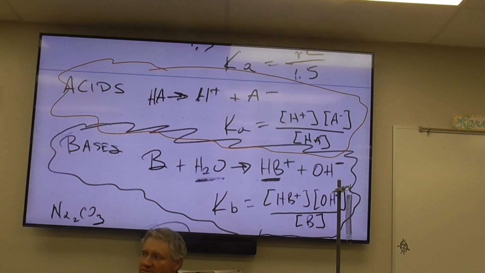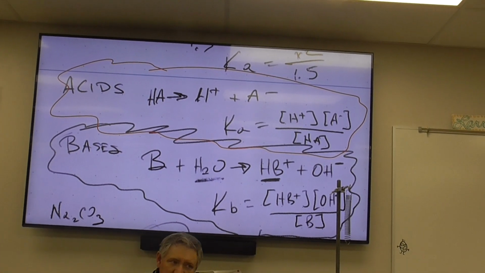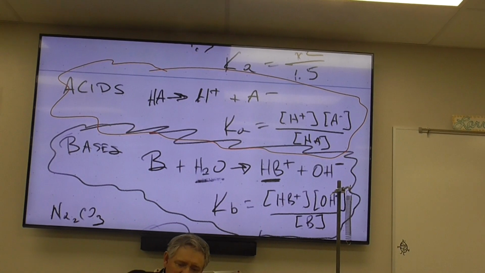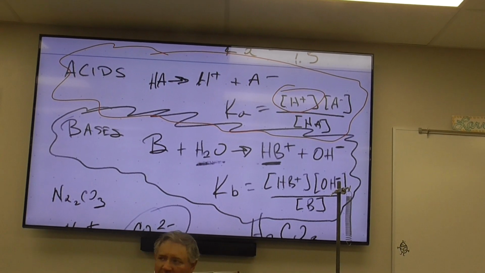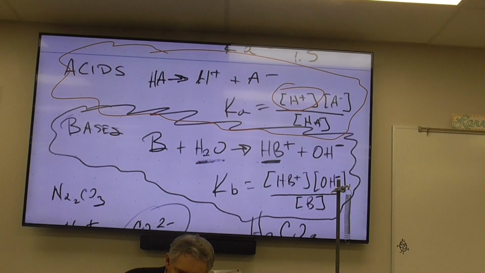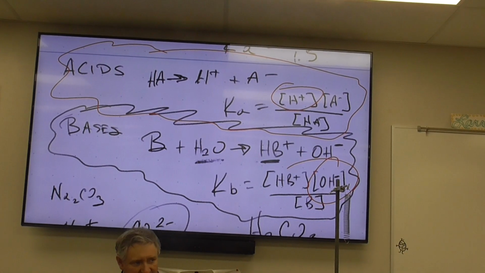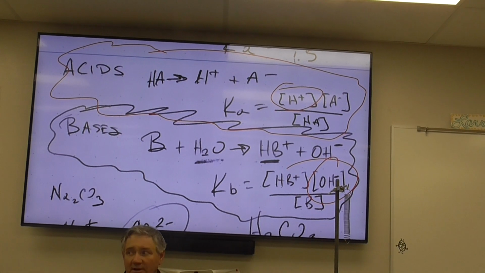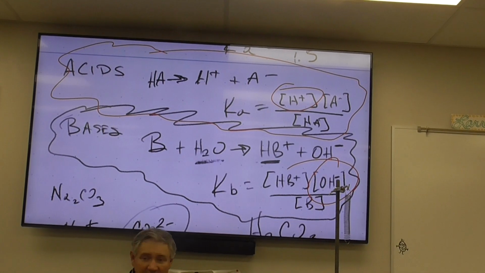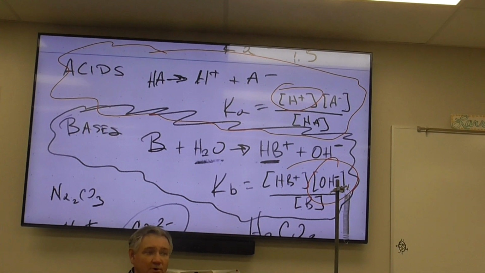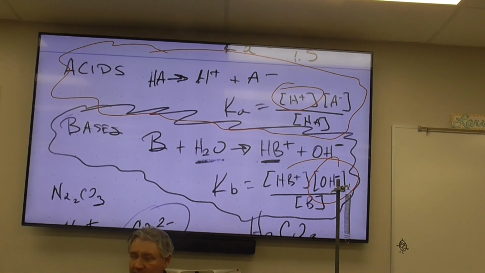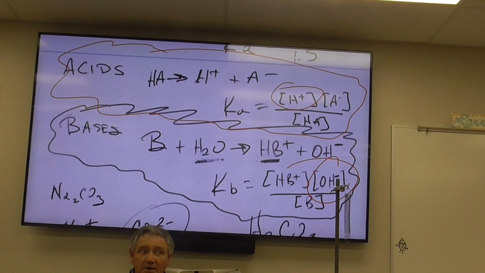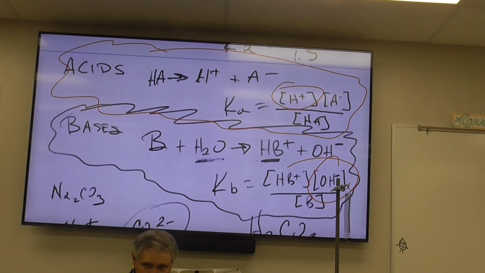It's still products over reactants. The only difference is that this one is going to involve hydronium ions, and this one's going to involve hydroxide ions. Okay? That's it. Same mathematical idea. It's just, are you making an acid or are you making hydroxides? Got that? Good with that.